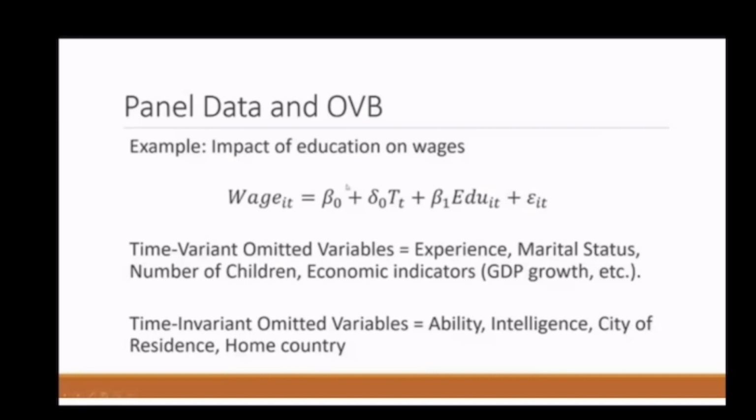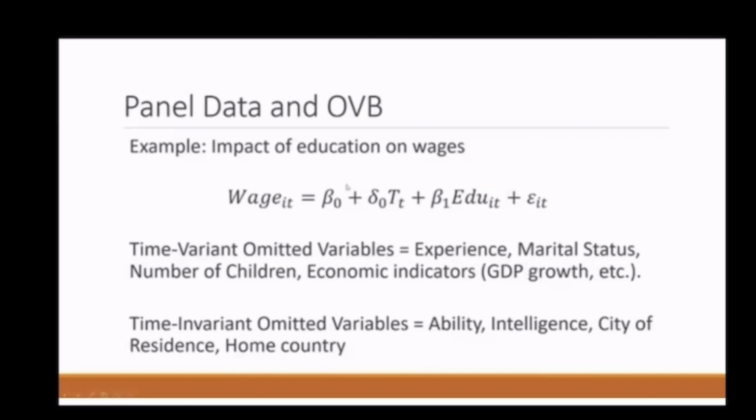You could be single before and now married. That changes over time. And that was not considered in the model. They are unobservables, but they are time variant unobservables. What about the number of children? Varies over time. What about an economic indicator like GDP growth? Varies over time. A country could be in recession, a country could be booming, and so on.